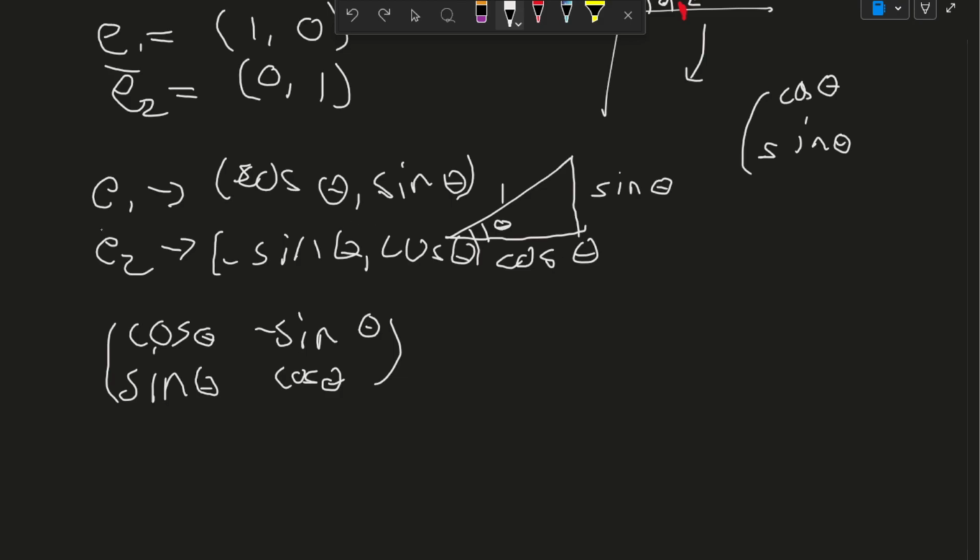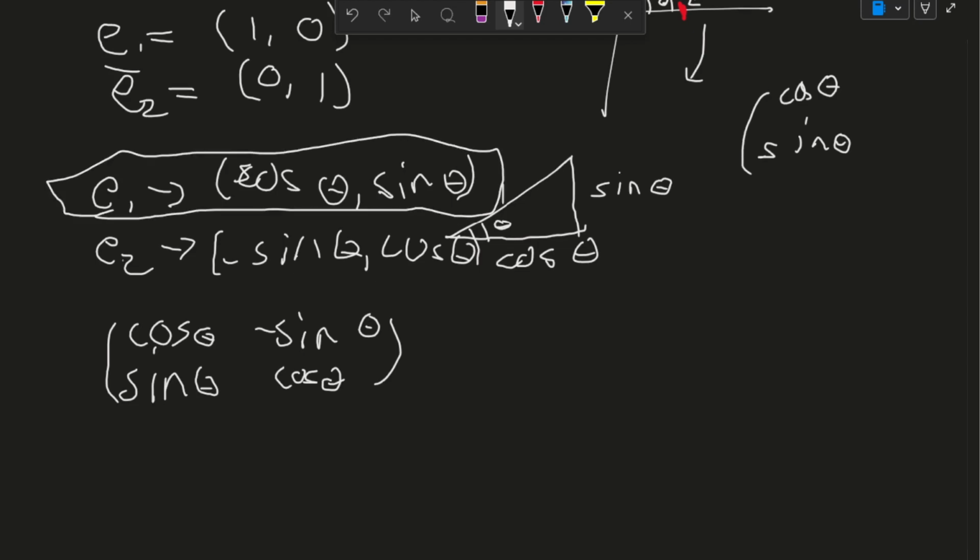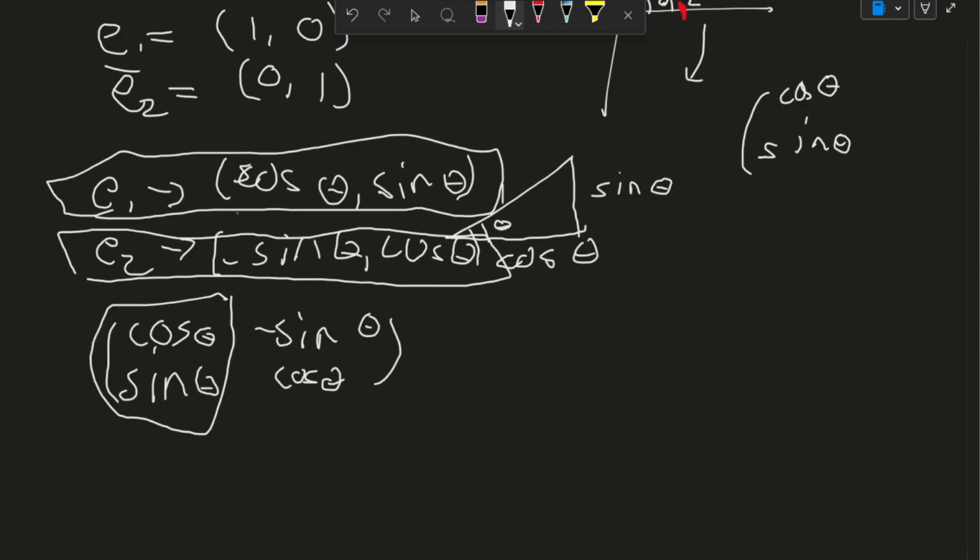First of all, the fact that these 2 vectors map here is true. As soon as we prove that this is a linear transformation, we can use our formula for computing the matrix of a linear transformation and get that this column should be this vector, and this second column should be this second vector.